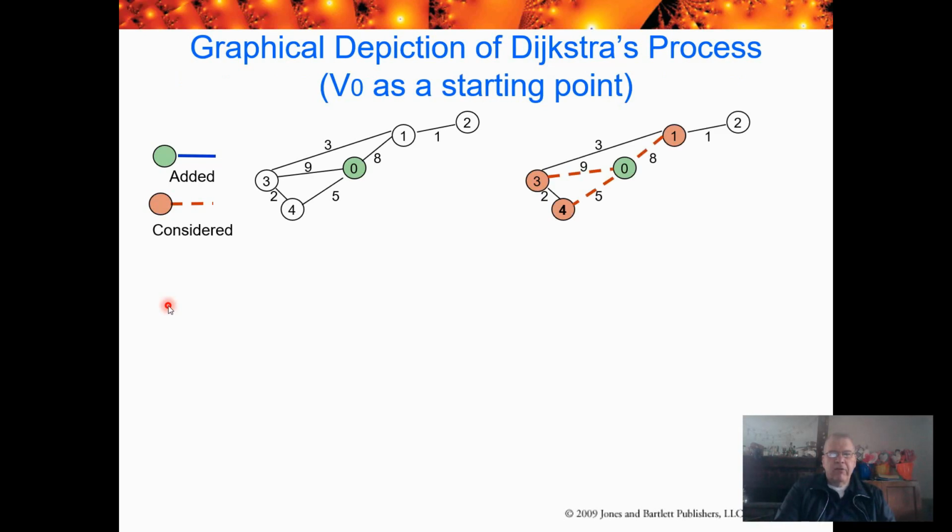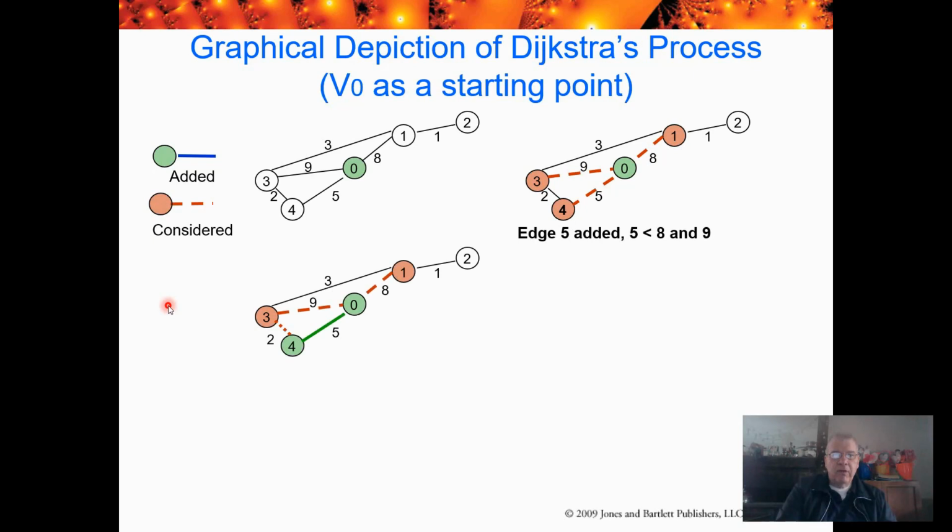So the first step is exactly like Prim's. We look at those three edges that are incident from V2, and we find that edge 5 gives the total shortest length back to V0. It's the same as the shortest edge. So we add edge 5 because 5 is less than 8 and 9.